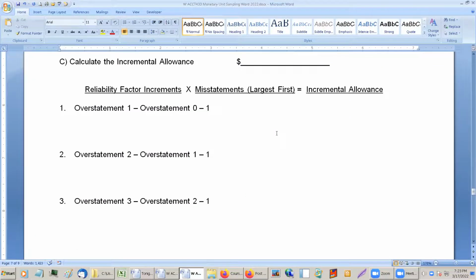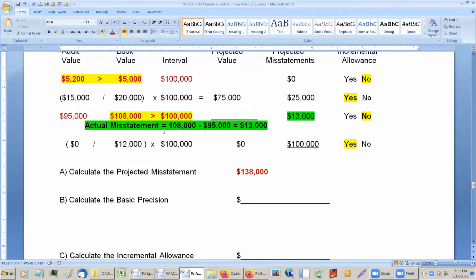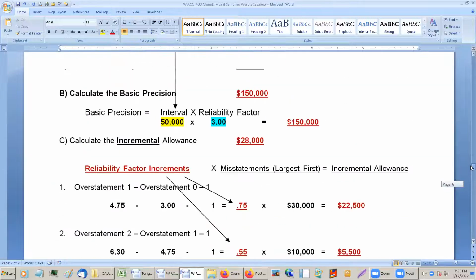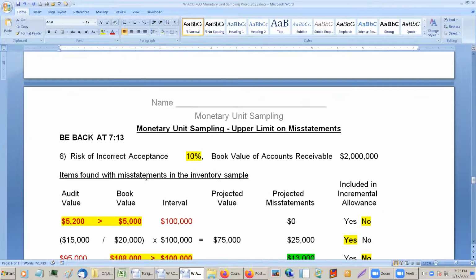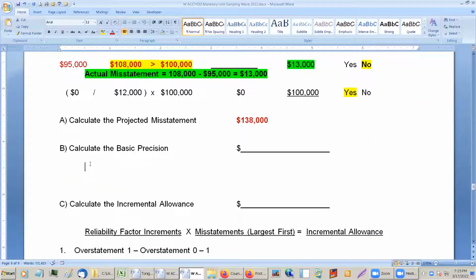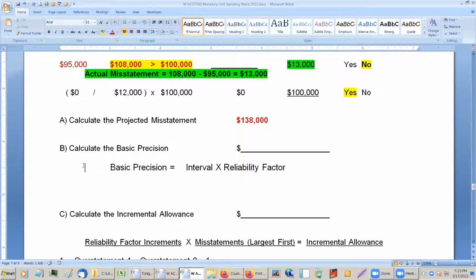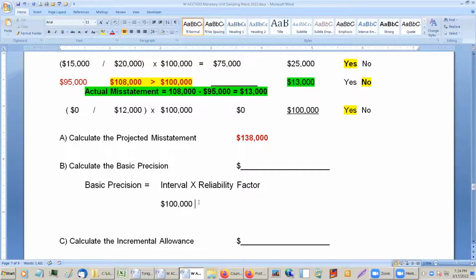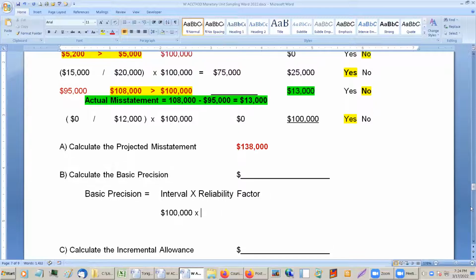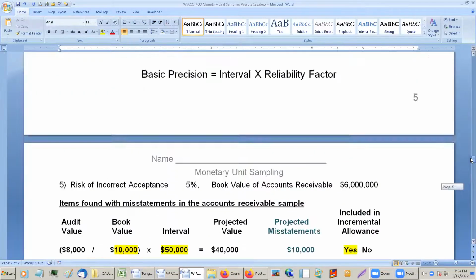So base precision equals the interval, which is 100,000, times the reliability factor.